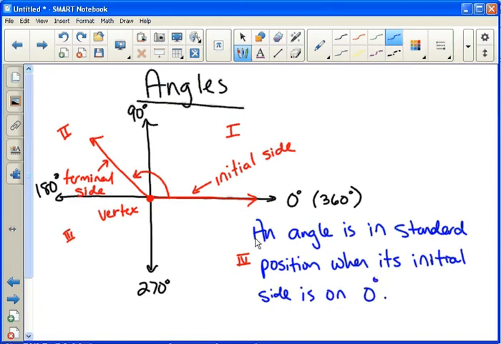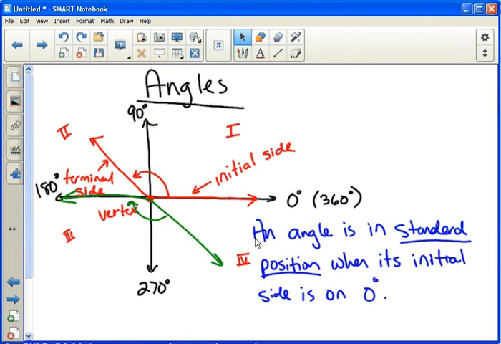So for example, this isn't going to be a really great drawing, but 135 degrees could also look something like this. Now that is 135 degrees, but it's not drawn in standard position, because standard position is only when you have your starting point on 0. So that just gives you an idea of the difference there.